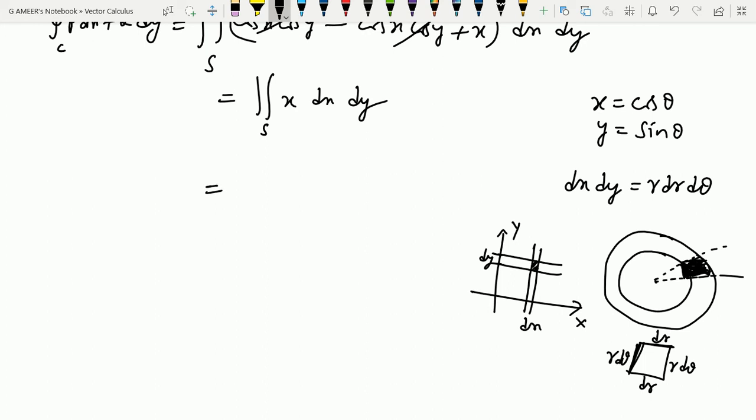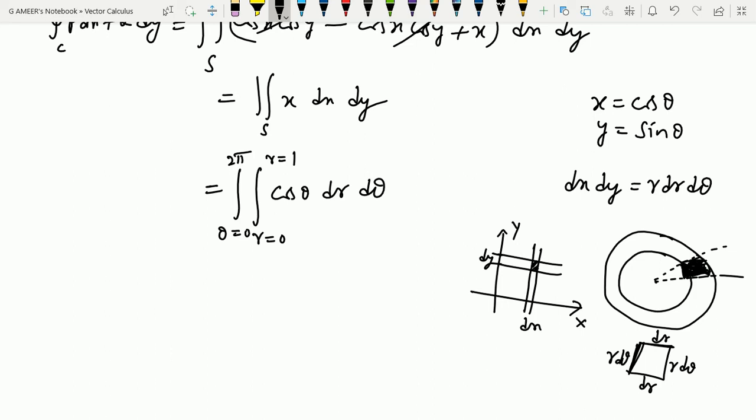The surface integration. X will be equal to r cos theta. I am sorry, not in dx. We need to convert into r dr d theta. R will be 1. So the radius will be going from 0 to 1. Angle theta is going from 0 to 2 pi, that is 360 degrees. So what do I have here?